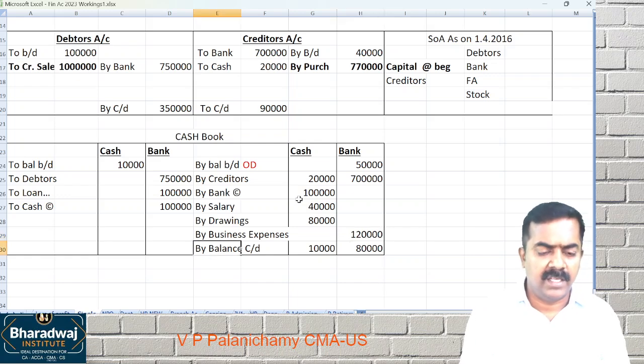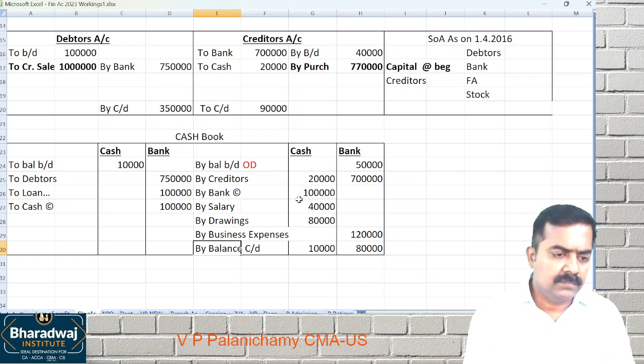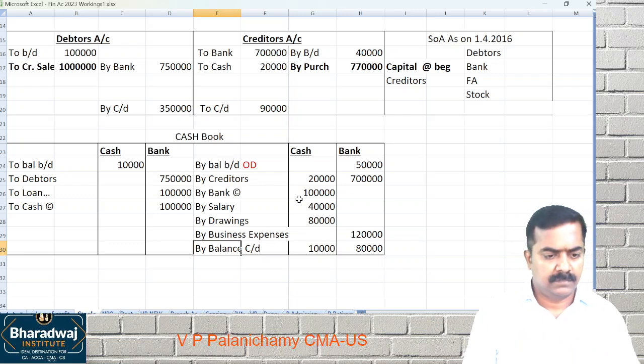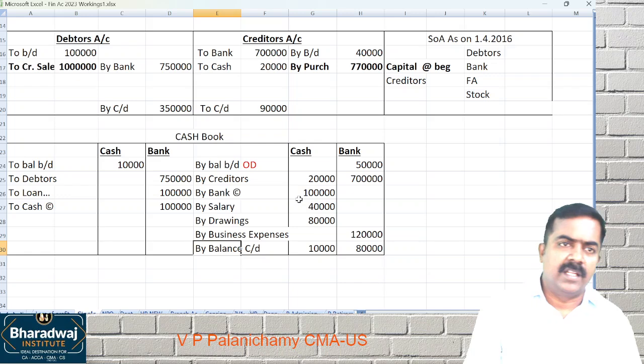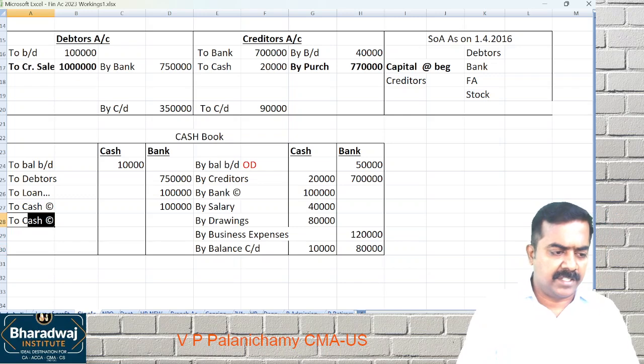Check for any other collection or payment. Does the bank column tally? If it tallies, leave it. The cash column will not tally. They take it as cash sales balance.